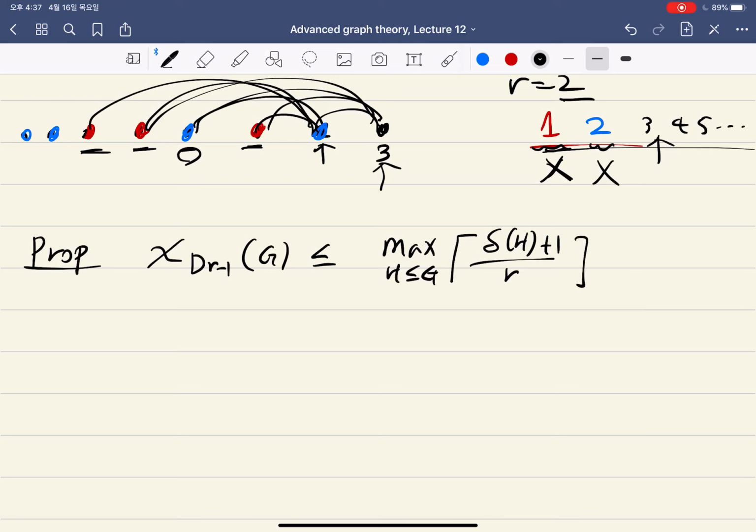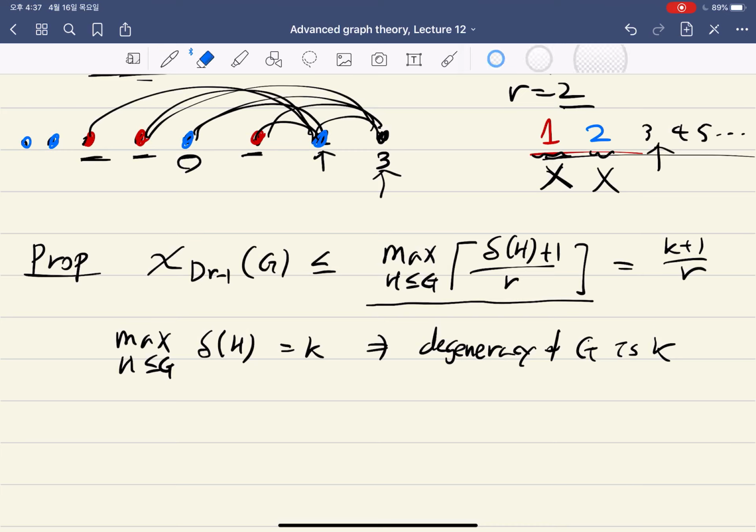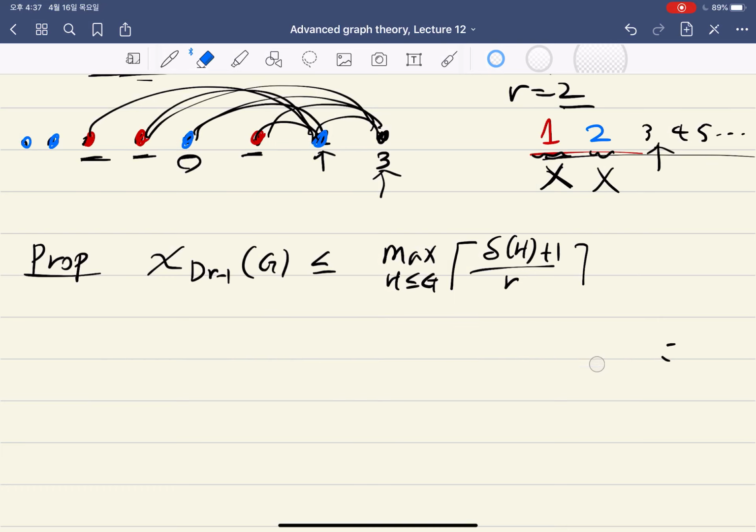In other words, we know that if the maximum of delta of H over all subgraphs H of G is, say, K, that means G is K-degenerate, so the degeneracy of G is K. So this is the same as K plus 1 over R, where K is the degeneracy, and take the ceiling. Anyway, for this degeneracy coloring, d sub R minus 1 coloring, we have this.